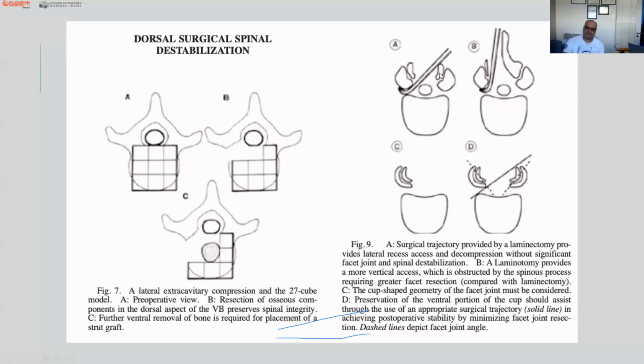Now, in order to preserve this, if you have to do an undercutting facetectomy and you do not have a microscope, then you have to remove the central structures. Single level, if done for discectomy.